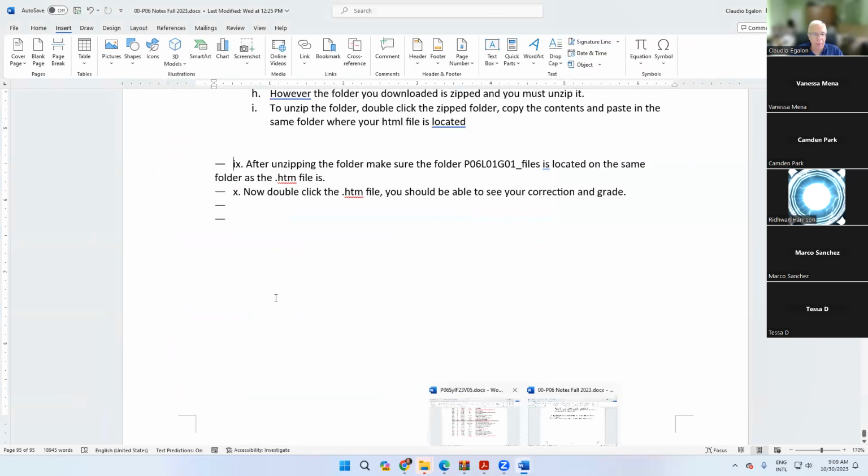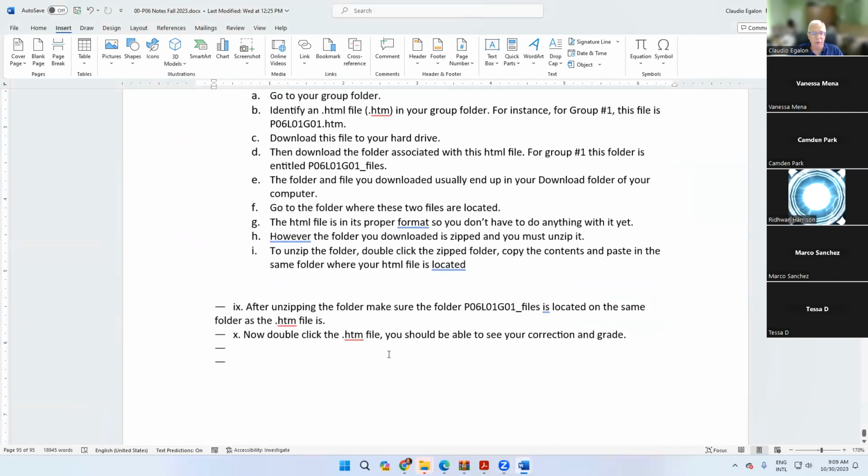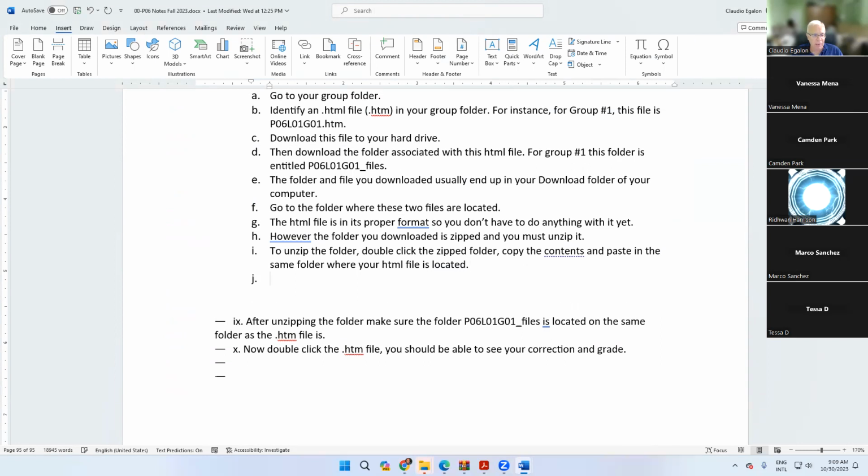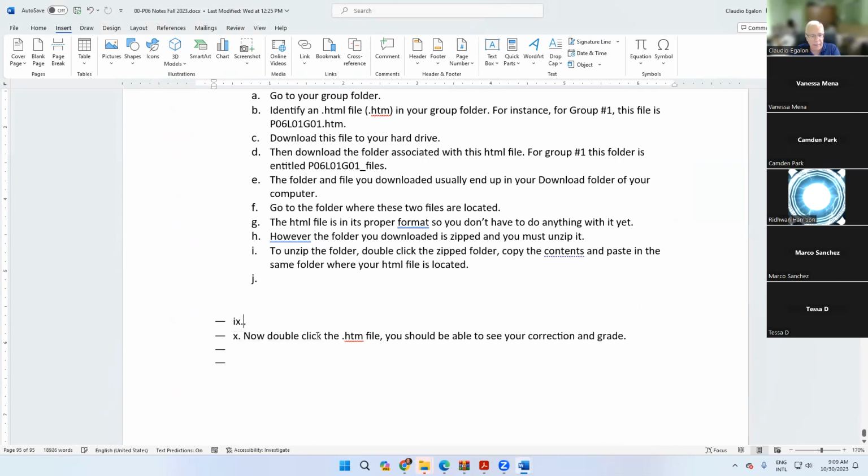Okay, and going back here, to unzip the folder, double-click the zip folder, copy the contents, and paste in the same folder where your HTML file is located. Okay, so we're done with that now. Double-click the HTML file.